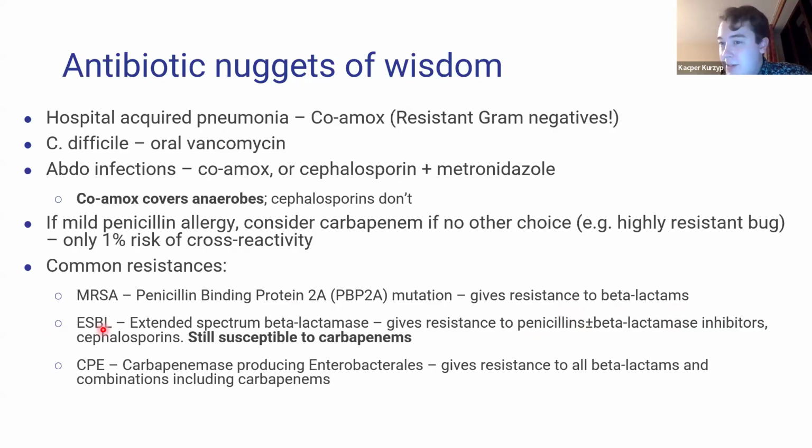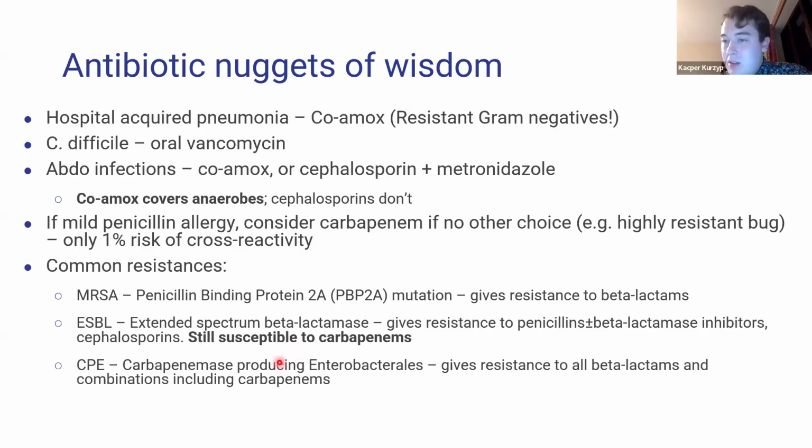You have your ESBLs, which is essentially extended spectrum beta-lactamase, or beta-lactamase on steroids. It allows resistance to penicillins, plus or minus beta-lactamase inhibitors. So it means that you cannot use your ceftriaxone anymore.